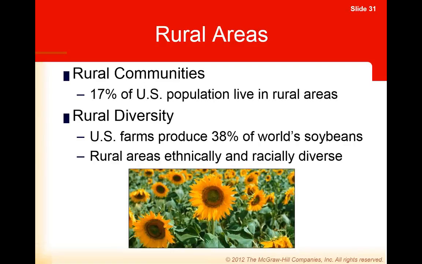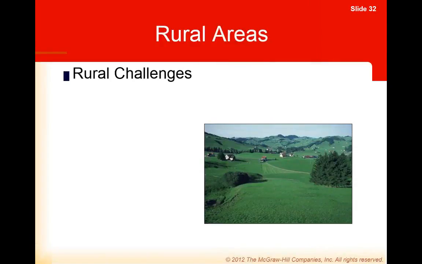They're ethnically and racially diverse as well. You do tend to find a little bit more homogeneity in rural communities than you do in urban communities. If you think about going to school, that becomes problematic in rural areas.